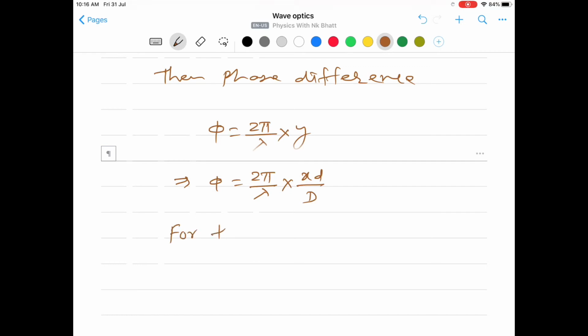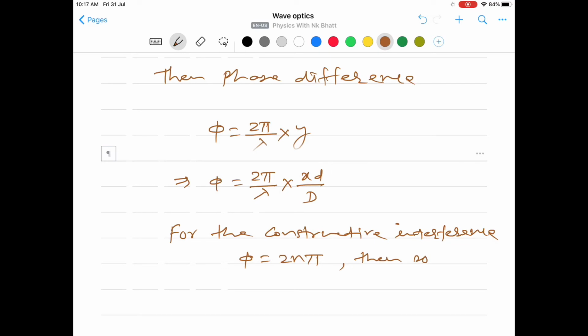For constructive interference, phi is equal to 2n pi.